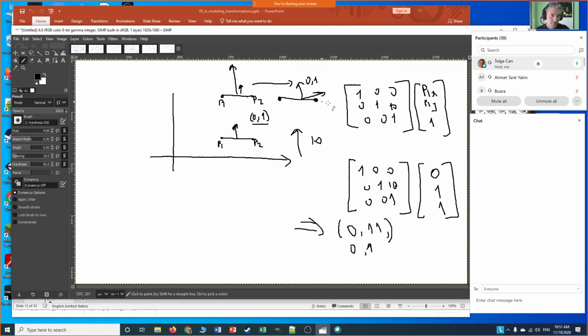It will be a vector like, for example, 5, 1. If you move P1 and P2 towards right, adding 5 to their x coordinates, you don't want to add 5 to the normal vector's x coordinate, because the normal vector did not change. Translation should not affect the normal vectors.